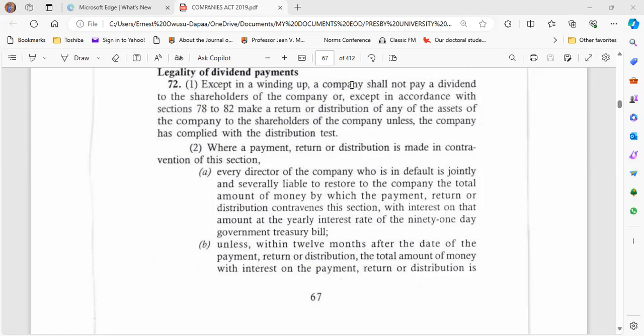Now, in Ghana, the governing legal framework is Section 72 of the Companies Act 2019, Act 992.